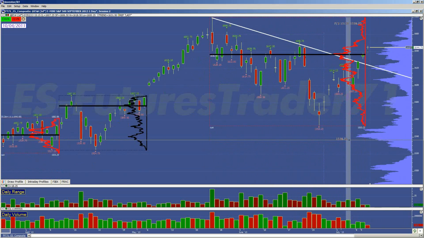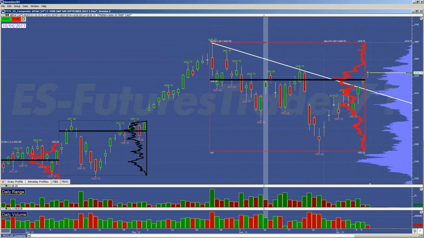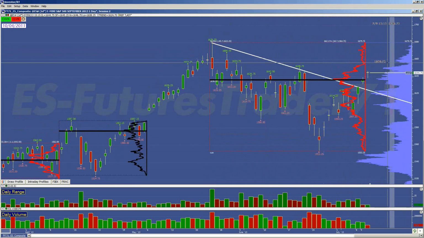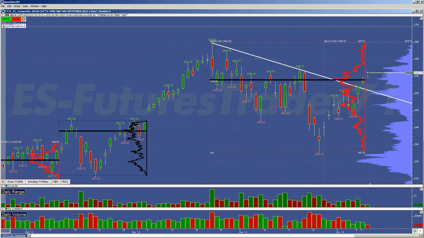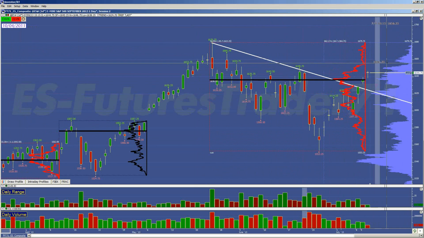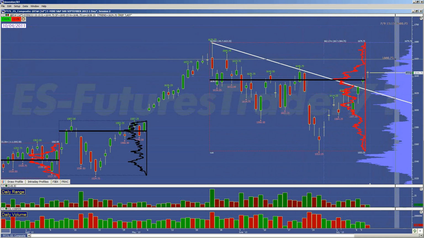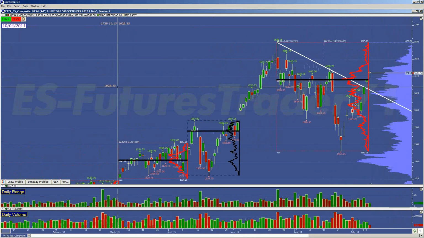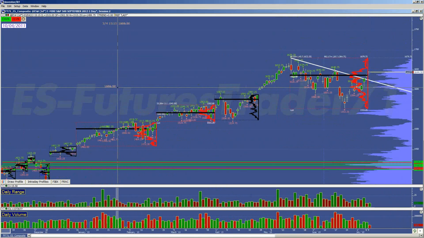On the right is a composite. The red is a microcomposite, the blue is a composite. The composite is all volume going back to the date shown here, October 4th of 2011. It's all volume going way back to that time, so it includes any volume that was done.